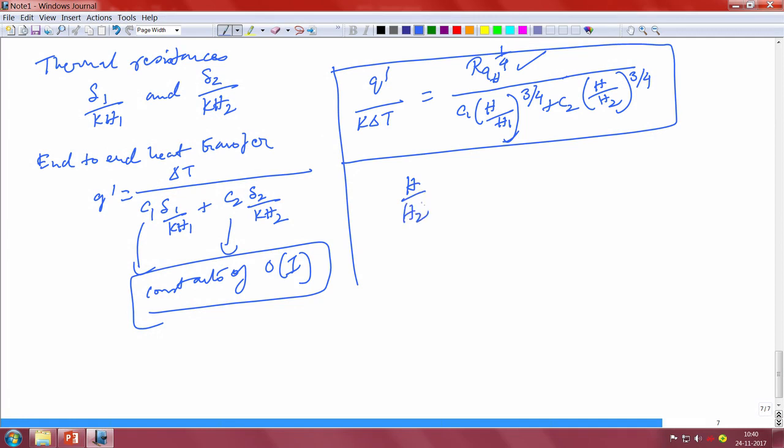As the opening left above the partition decreases, or in other words h by h2 becomes large, the heat transfer rate drops.